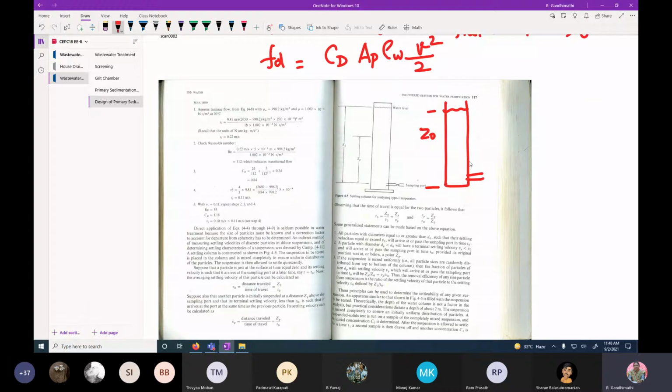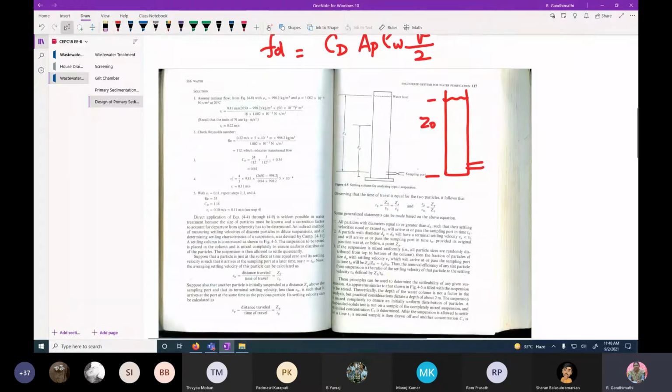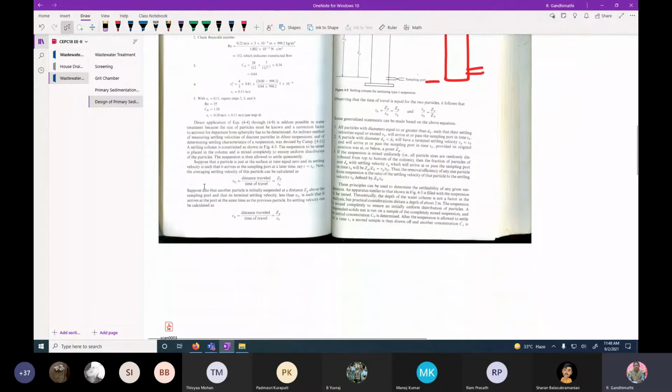Suppose the particle is just at the surface at time equal to 0 and its average settling velocity is such that it arrives at the sampling port at time t equal to t0. Therefore, based on the height as well as t0, we can calculate the average settling velocity: V0 is z0 by t0.